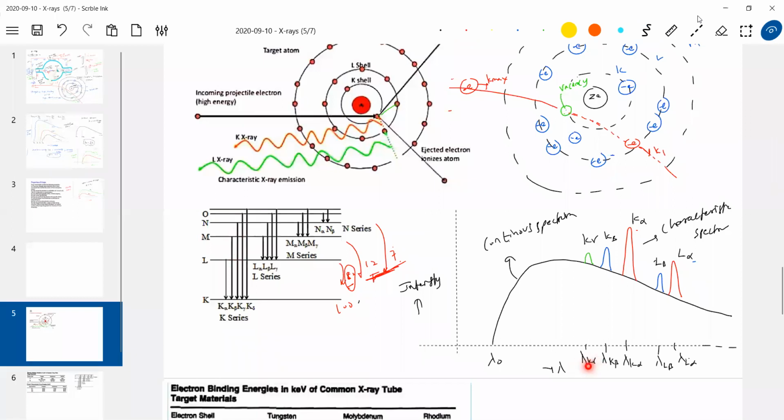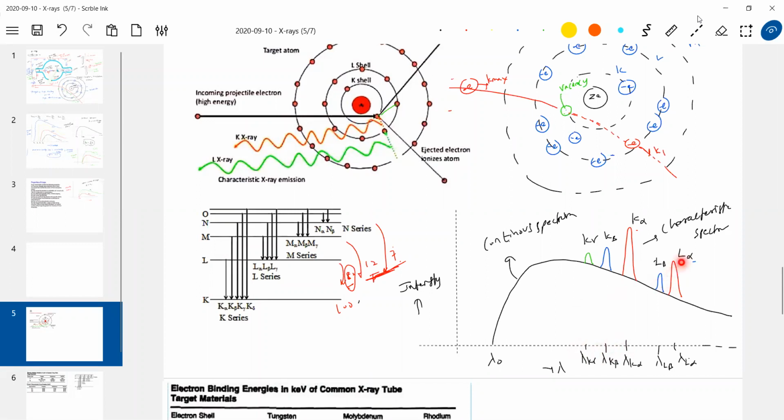So therefore, lambda K gamma will be less compared to lambda K alpha. The reason is the difference in energy, E_N minus E_K, or E_M minus E_K, E_L minus E_K, that delta E will be more here. So like this, we can give the reason.